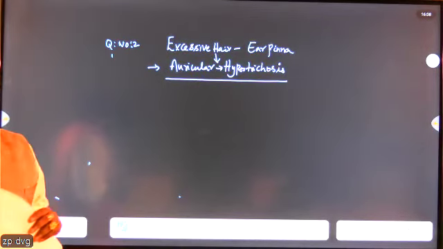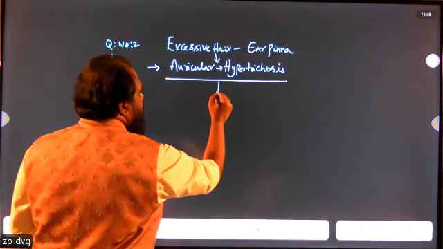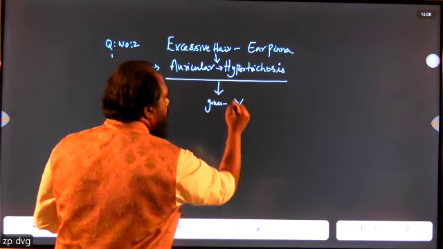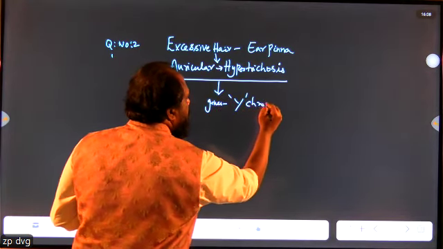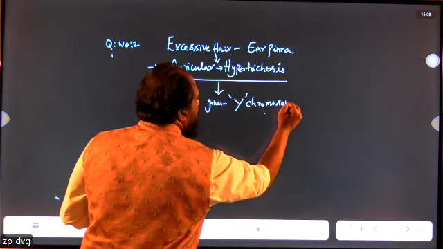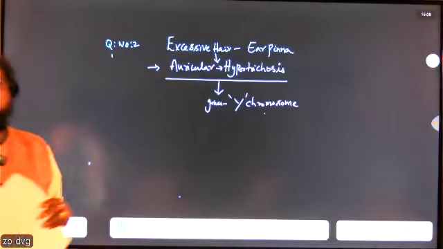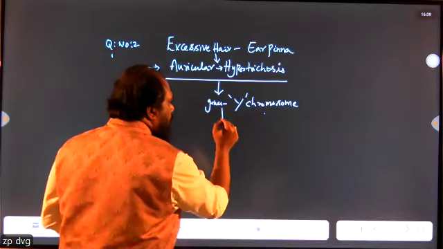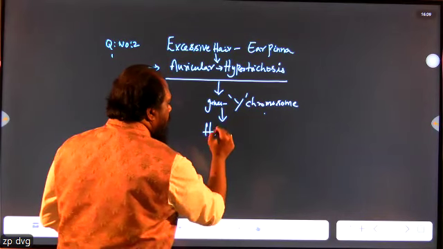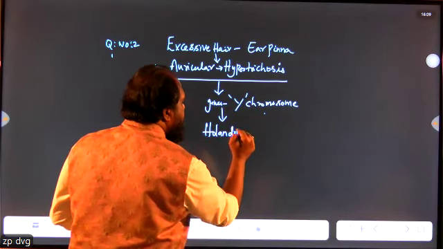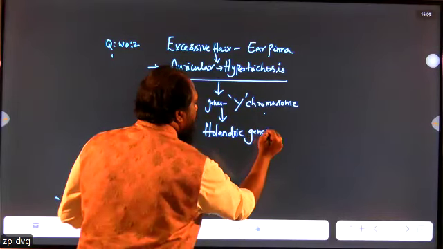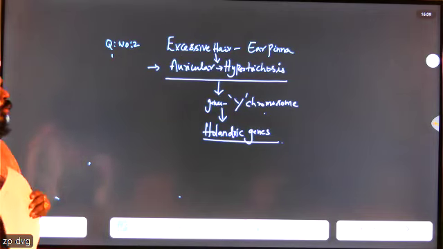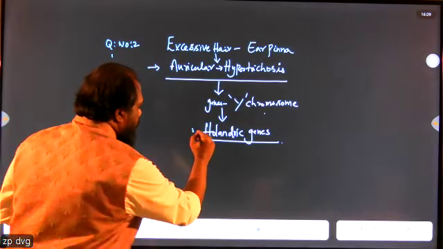Auricular hypertrichosis. And auricular hypertrichosis is due to the genes which are present only in the Y chromosome. The genes which are present only in the Y chromosome are also called Holandric genes.